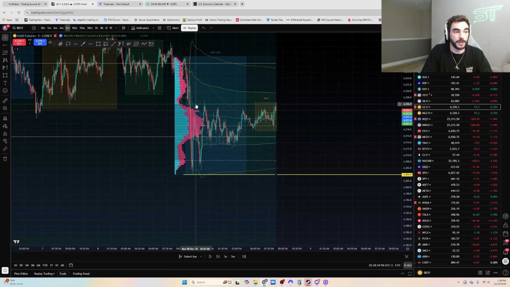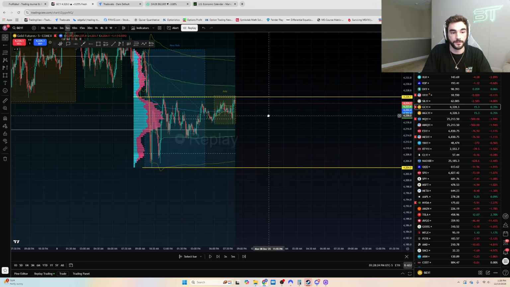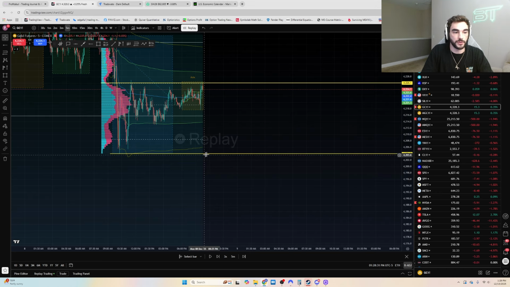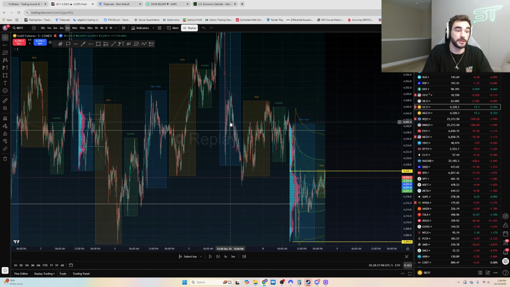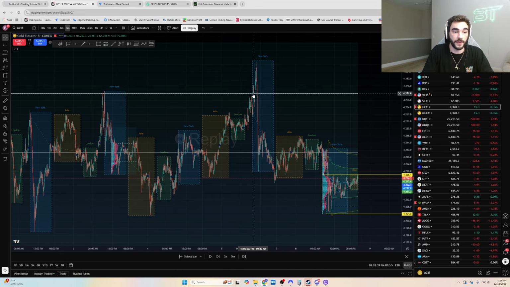We have a value area high up here. This is my other location point I want to be aware of. This VWAP isn't really giving me anything. As we come up to this value area high, immediately we see rejection. I want to trade towards this New York low. So I've defined my context. My context is we just sold off from value area high yesterday.